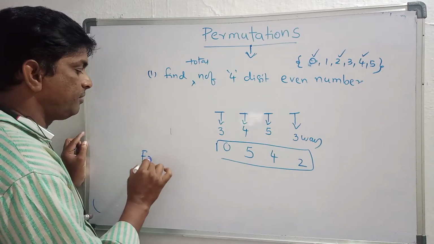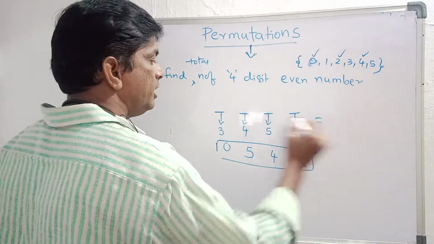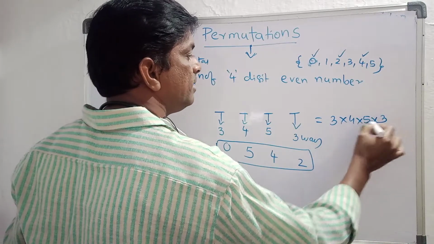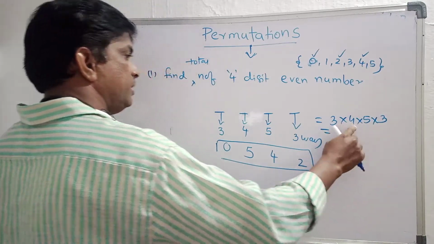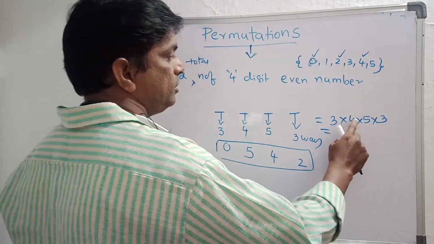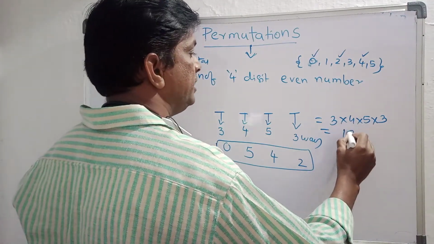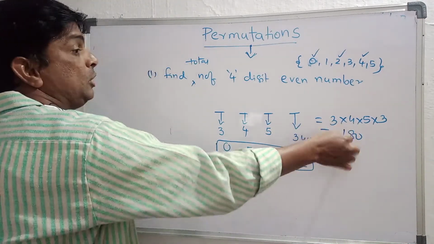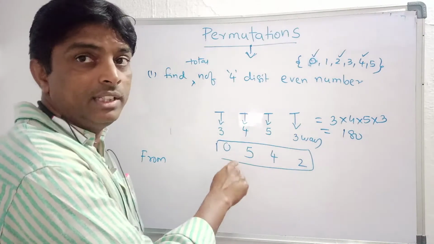So actually how many arrangements are here? 3 into 4 into 5 into 6. 3 4s are 12, 12 5s are 60, 60 3s are 180. Among those 180, these types of cases are included. So I have to eliminate these types of cases.